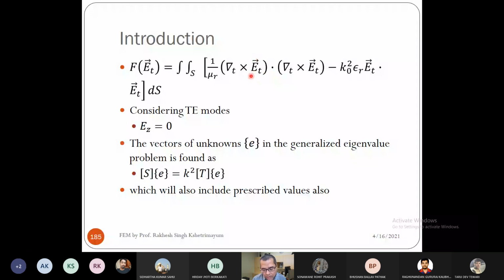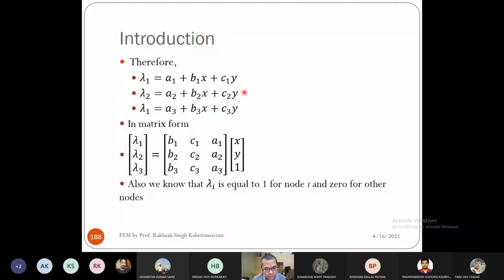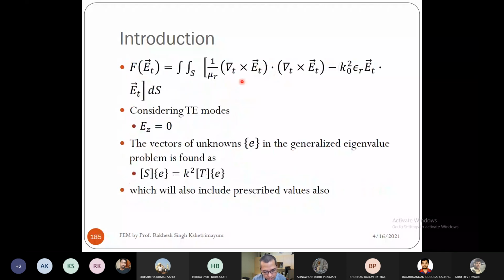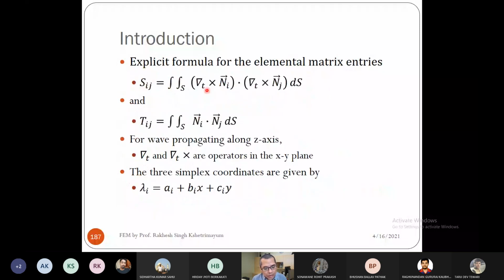We replace Et over every triangular element by the linear approximation of the vector basis function. We have discussed that. These are the vector basis functions, Ni and Nj. So this term would be replaced by a summation of the linear approximation of the vector function here also. What you would have is Sij equal to the curl of Ni dot product with the curl of Nj, ds.